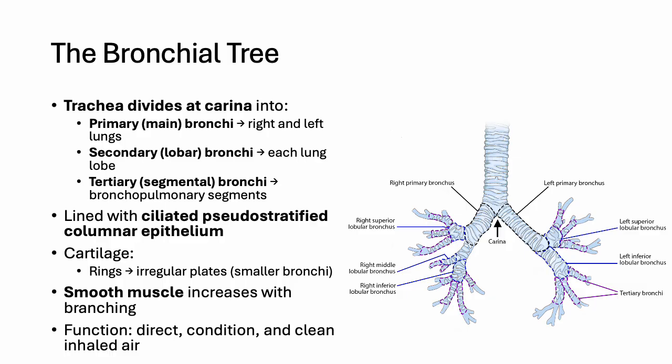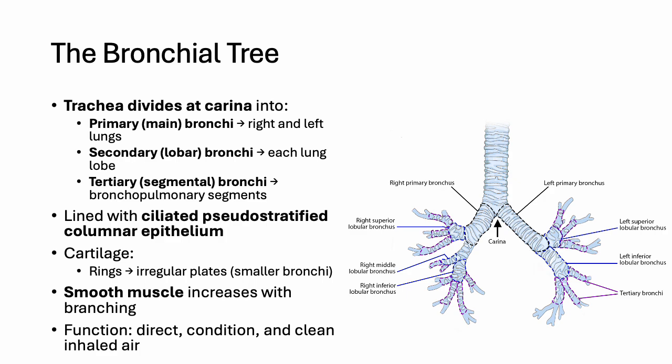As the bronchi continue branching, their walls change structurally. The epithelium remains ciliated pseudostratified columnar epithelium with goblet cells, but the cartilage rings become more irregular and decrease in quantity and size as the bronchi get smaller. Smooth muscle content also increases, allowing for greater control over bronchial diameter.